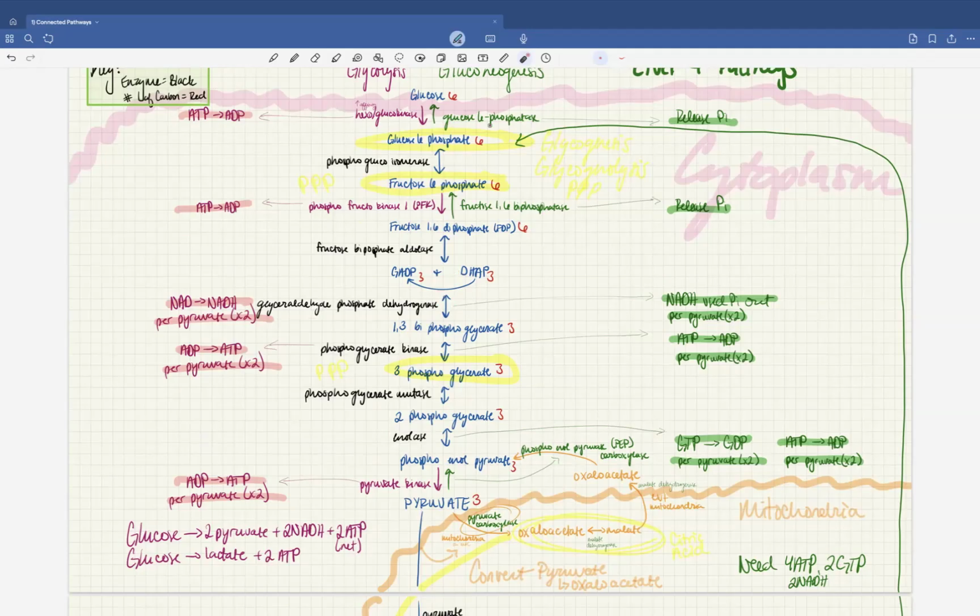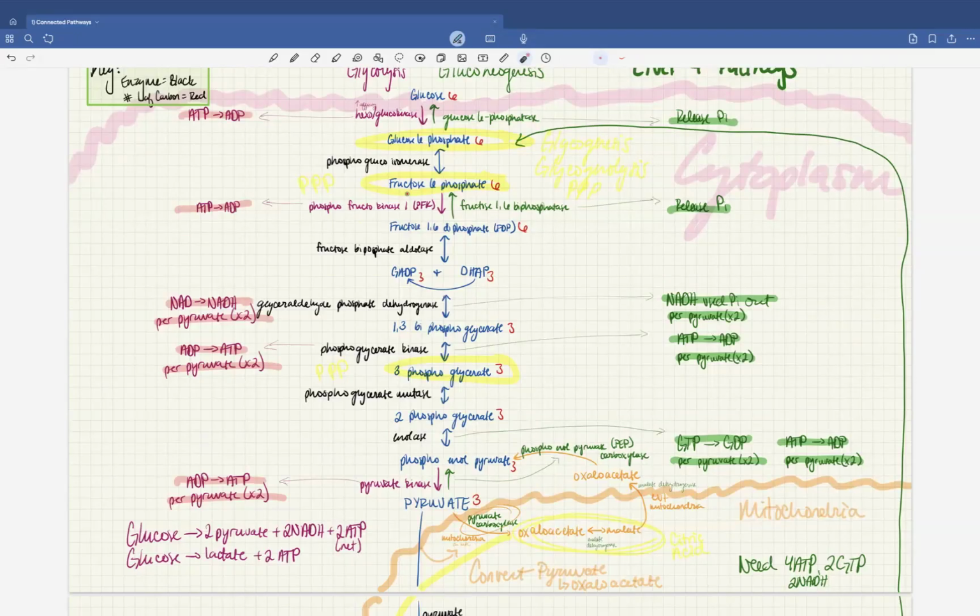Then once we get back up into these last 2 irreversible steps, the reaction from fructose 1,6-bisphosphate to fructose 6-phosphate will be performed by fructose 1,6-bisphosphatase and release a phosphate group, which makes sense because we're using a phosphate group in glycolysis, and we'll be releasing a phosphate group when we're going back up into glucose in gluconeogenesis.